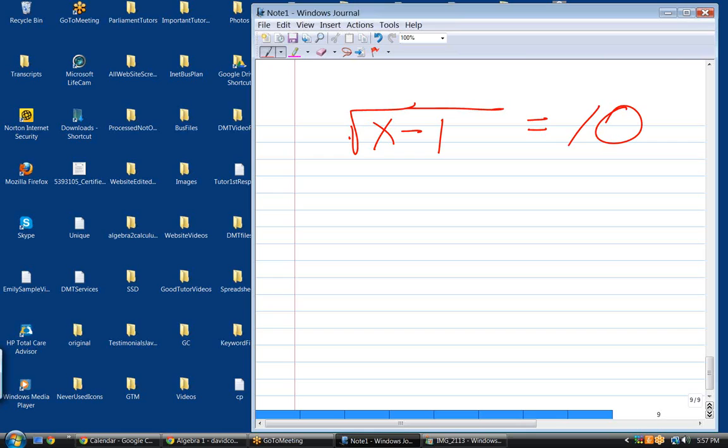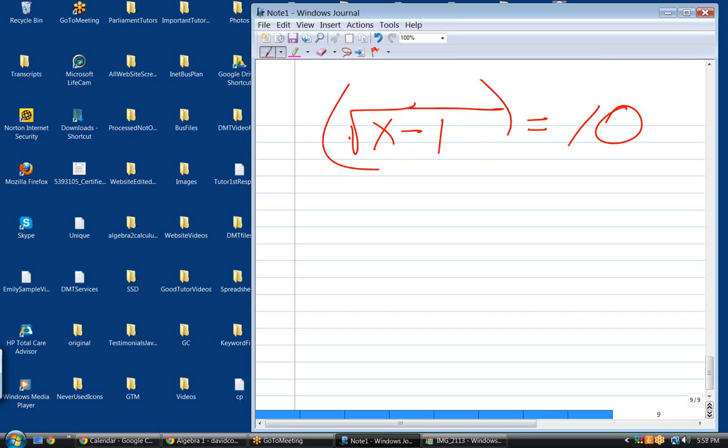What's the first step? Is it to add 1 to both sides, or is it to square both sides? Square both sides first, because you can't really add 1. This -1 is inside the radical sign. So I can't do anything with it until I get rid of the radical sign.